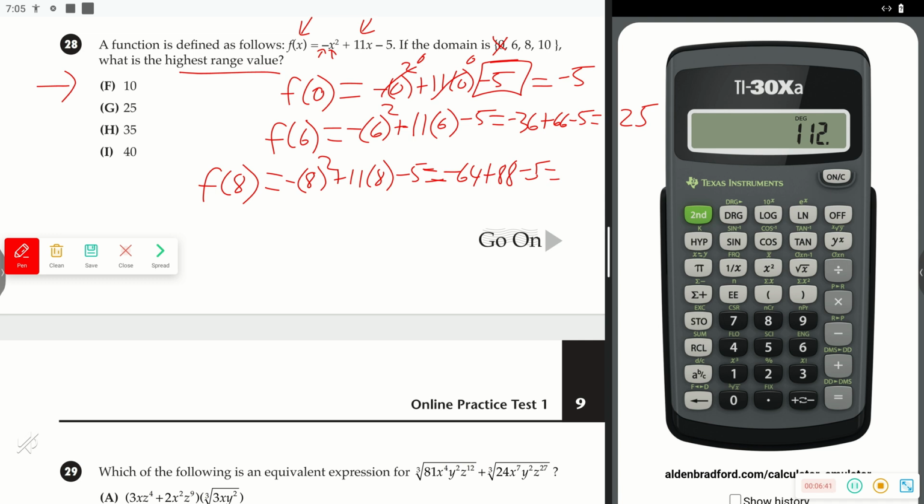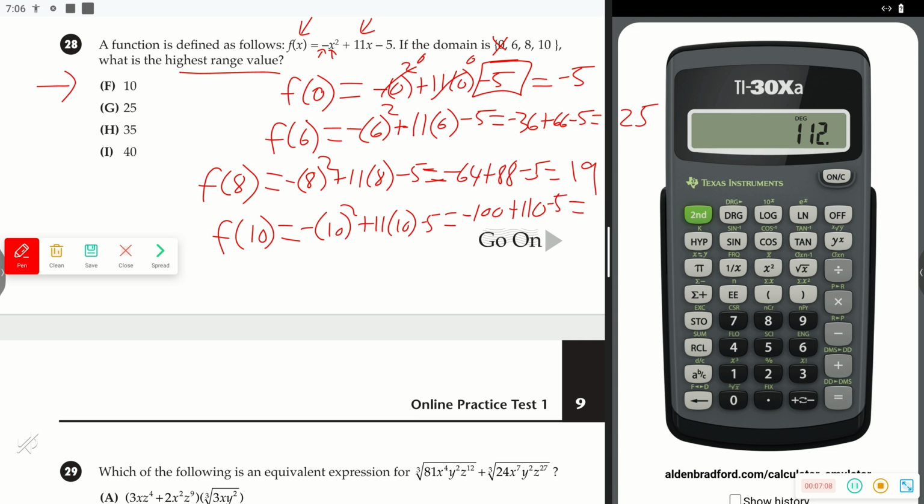And for f of 8, that's going to add up to 19. Last but not least, we have f of 10. So we have negative 10 squared plus 11 times 10 minus 5. This is going to be minus 100 plus 110 minus 5.